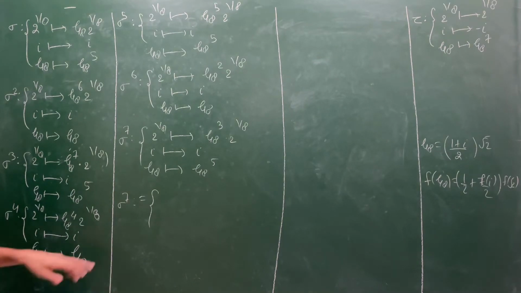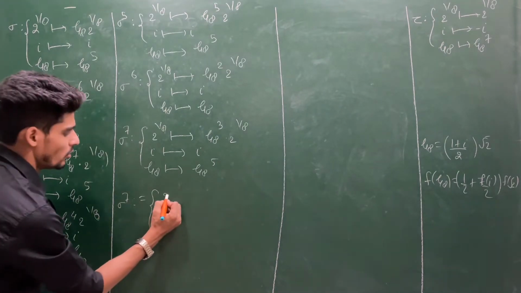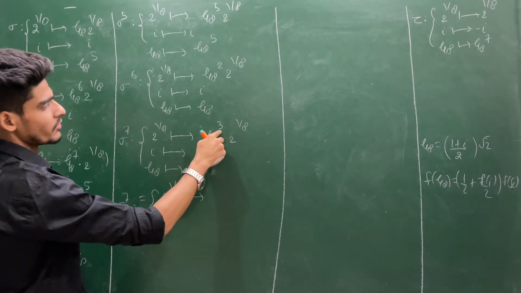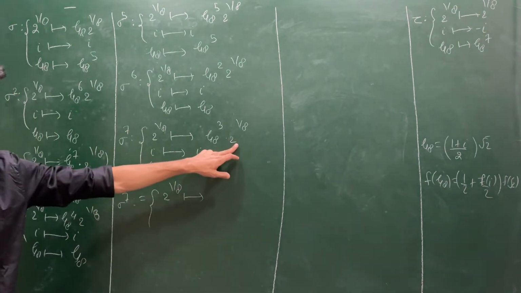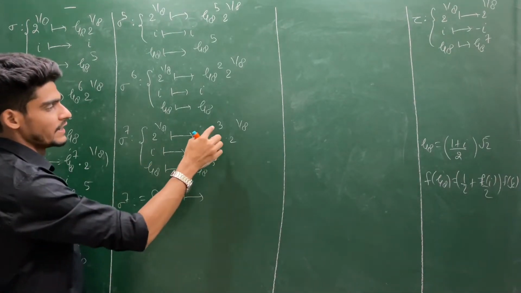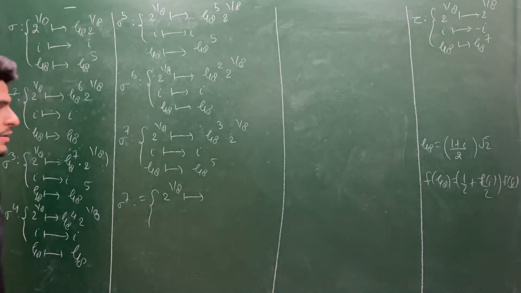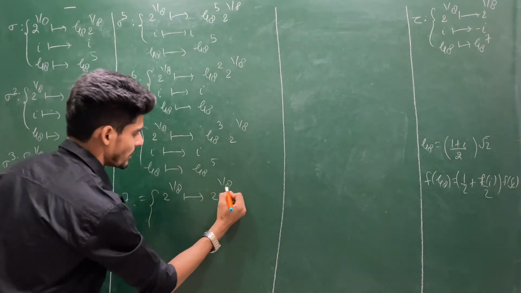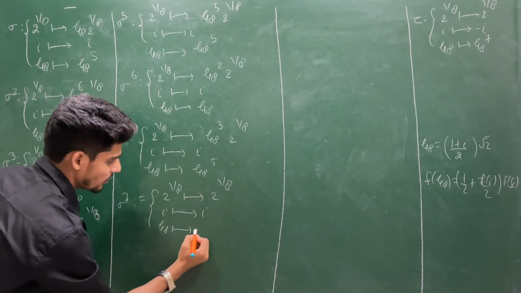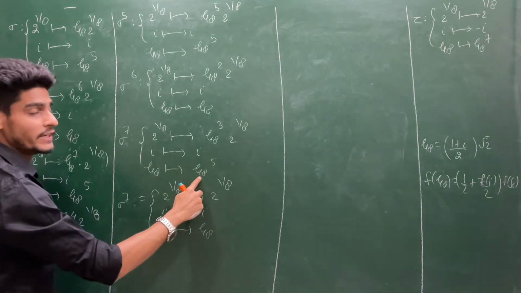This will send 2^(1/8) to zeta_8 to the power 15, but one zeta_8 will come from here as you operate sigma on this element. So you will get zeta_8 to the power 16, but zeta_8 to the power 16 will be 1. So it will be 2^(1/8). Iota is already going to iota. Your zeta_8 will go to zeta_8 because it is already going to zeta_8 to the power 5.